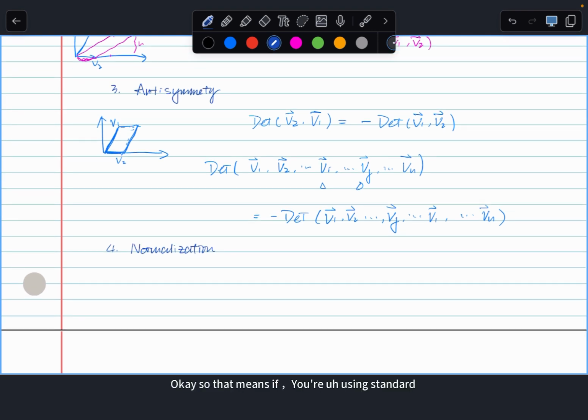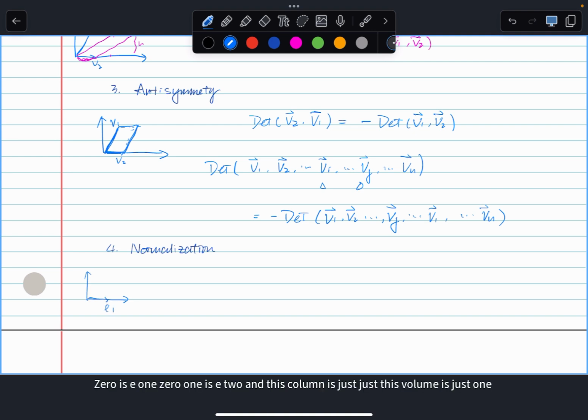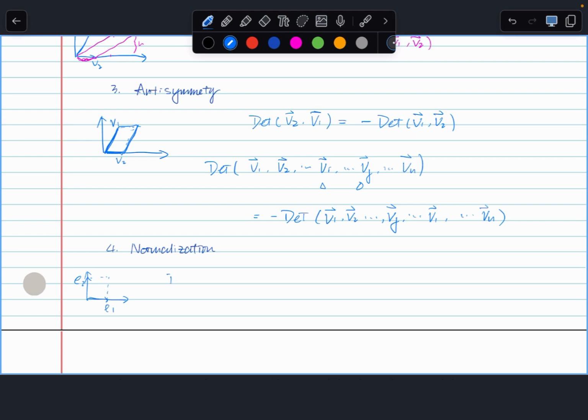Okay, so that means if we are using the standard basis, for example, in R2, and we want to find the determinant of E1, E2, in R2, basically (1, 0) is E1 and (0, 1) is E2, and the volume is just 1.